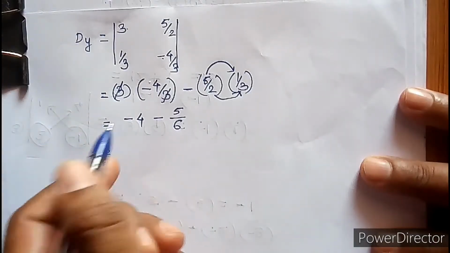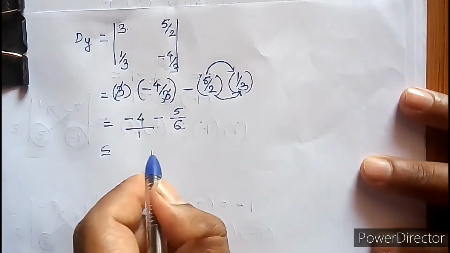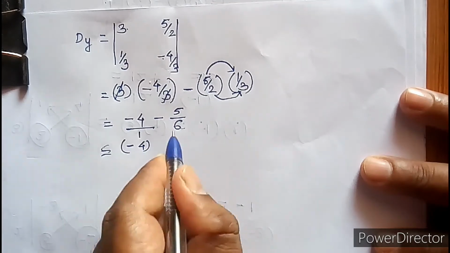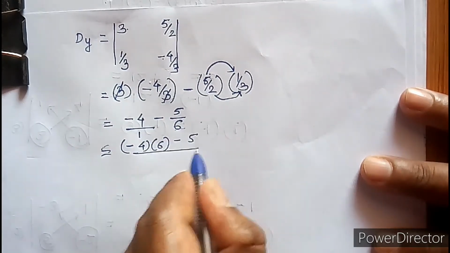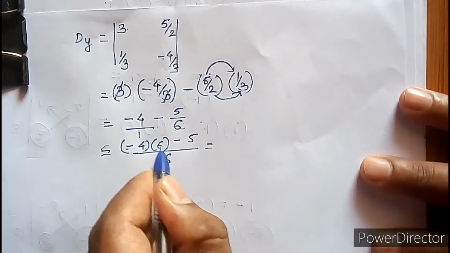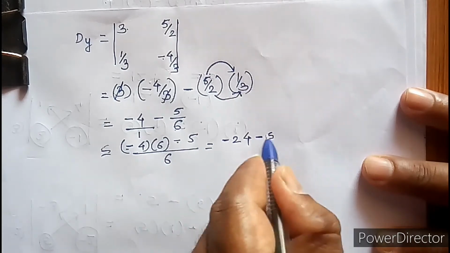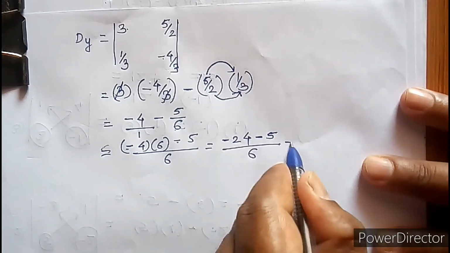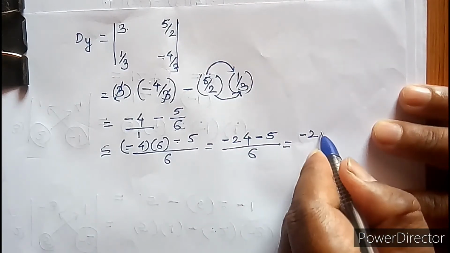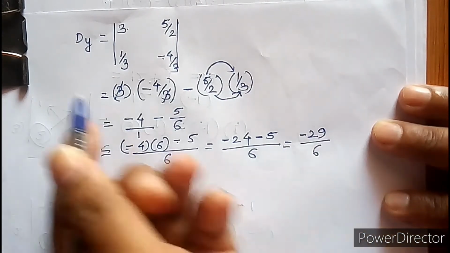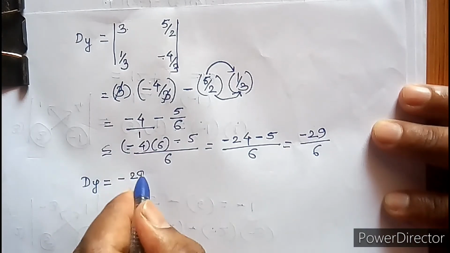Now on solving this calculation, the denominator of minus 4 is 1, therefore on cross multiplying minus 4 into 6 minus 5 into 1 divided by 6, that is minus 4 into 6 that is minus of 24, minus as it is, this 5 also as it is divided by 6. Now here minus 24 minus 5 it will be minus of 29 divided by 6. This is the value of dy. Therefore write down here dy equals to minus 29 by 6.